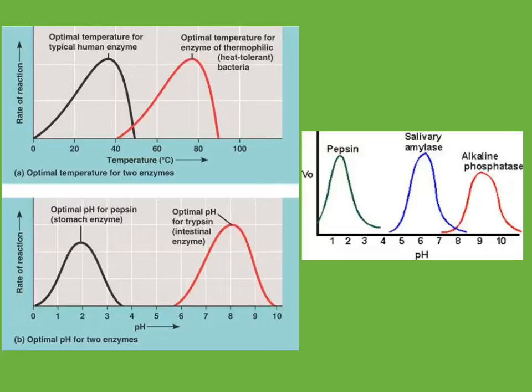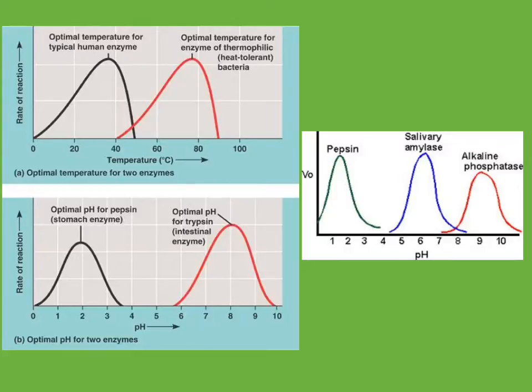You have salivary amylase, which acts in an almost neutral pH level, slightly acidic and slightly alkaline. Then you have the enzyme phosphatase, which is a purely alkaline enzyme that acts best at extreme or high pH.